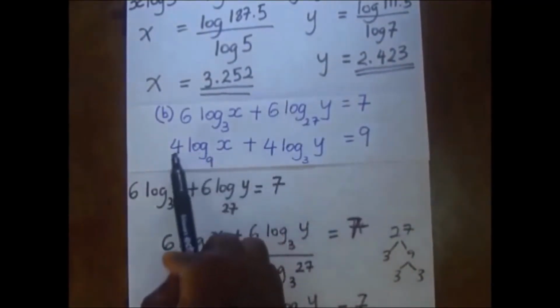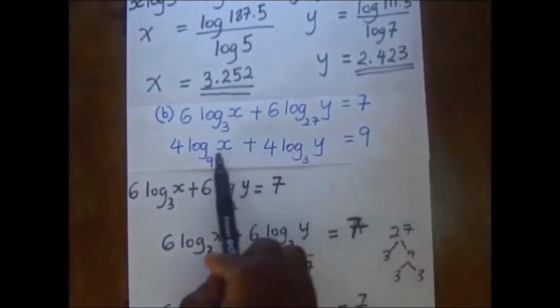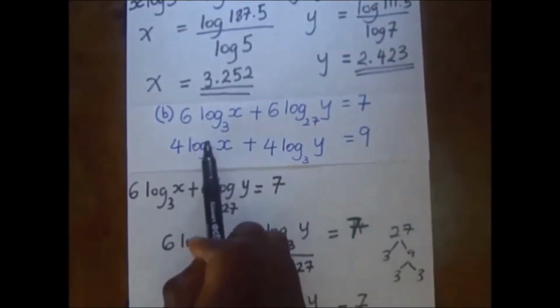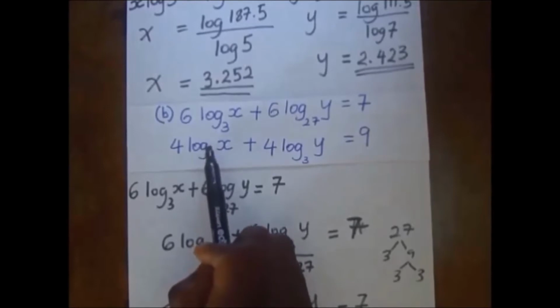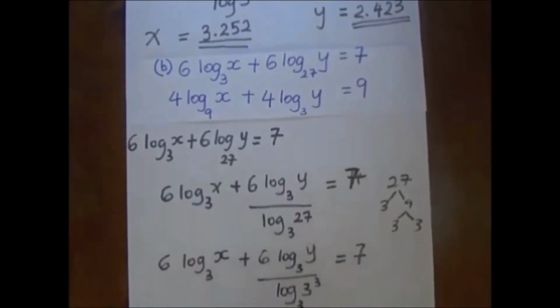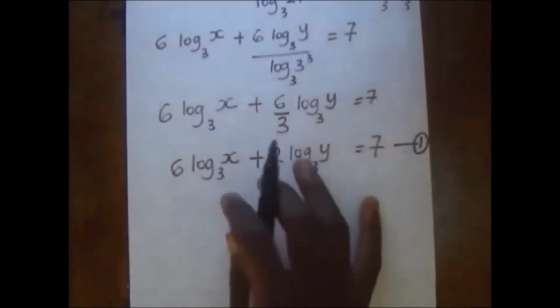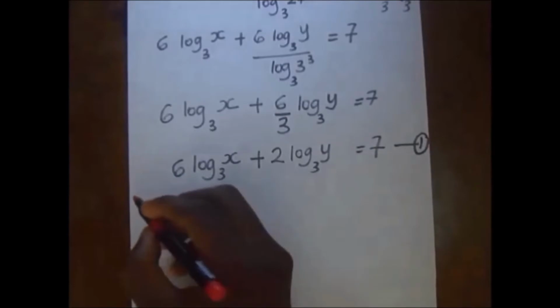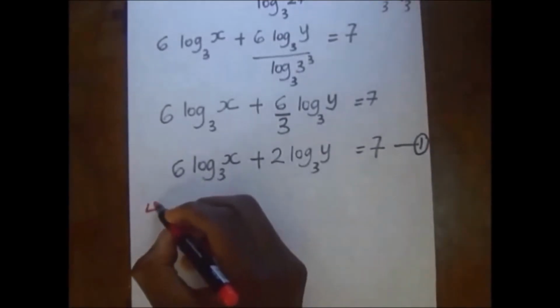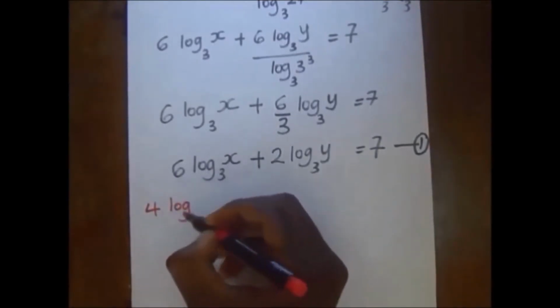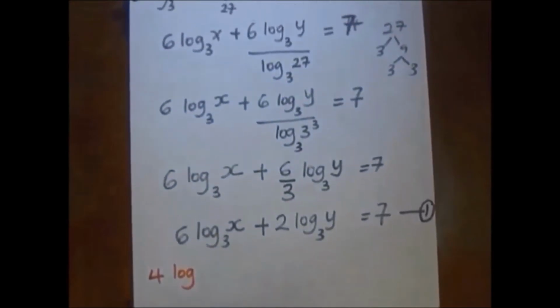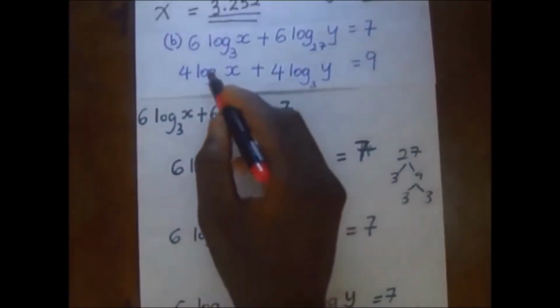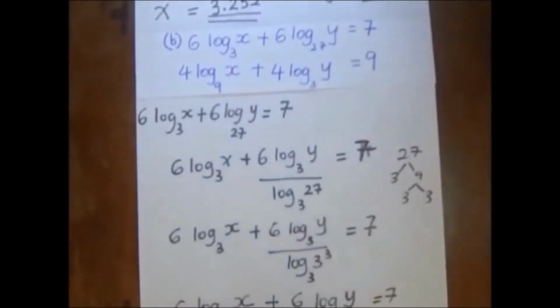So we are going to do the same to this second equation. It means you are going to convert this term log base 9 into log base 3. So we continue with our calculation for the second case. We are starting with the second equation. The first term is log x base 9, so we are converting it to base 3.